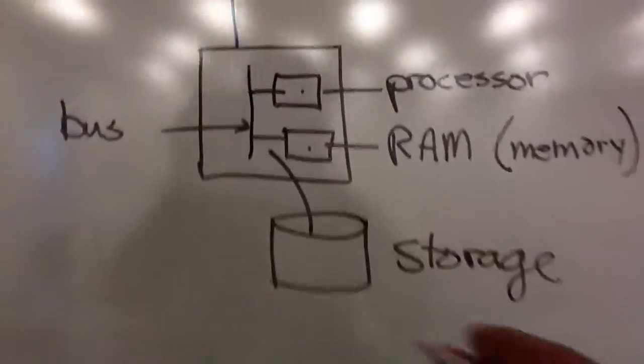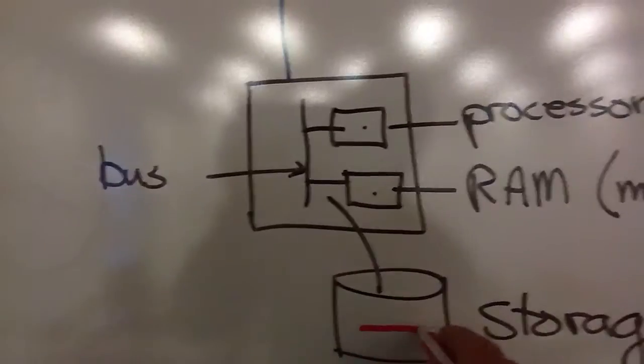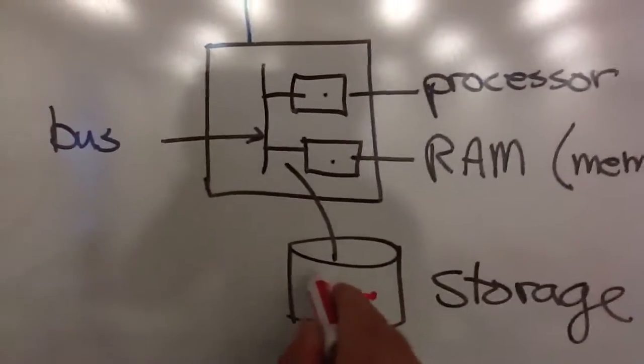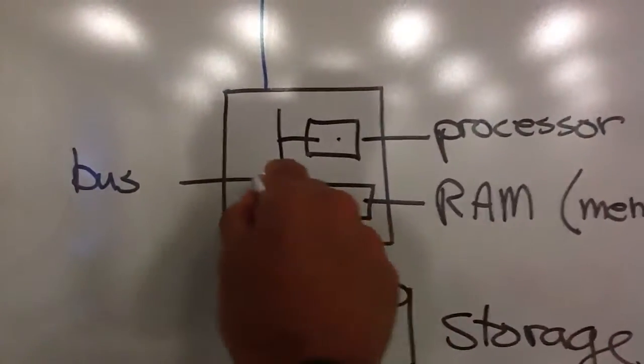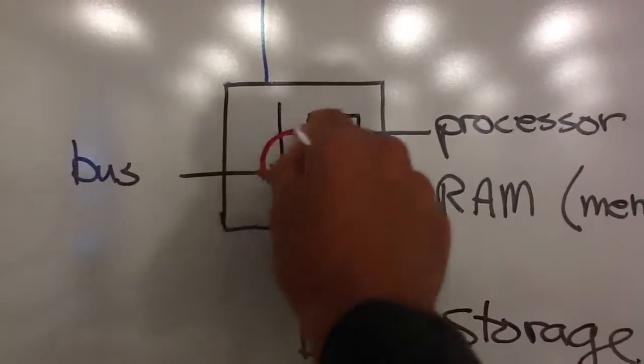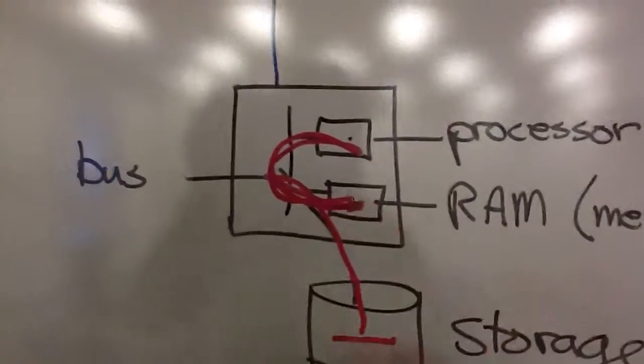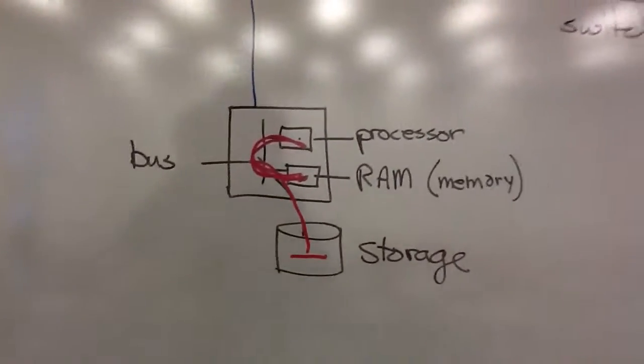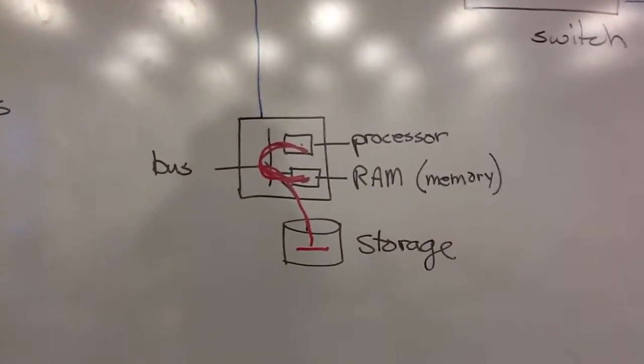Okay? For example, you have a software program. Here, you would load that. That would get loaded up into RAM, and then the information in RAM is processed, so that's moved up to the processor and back down. Unit 3, we talk more about all the details.